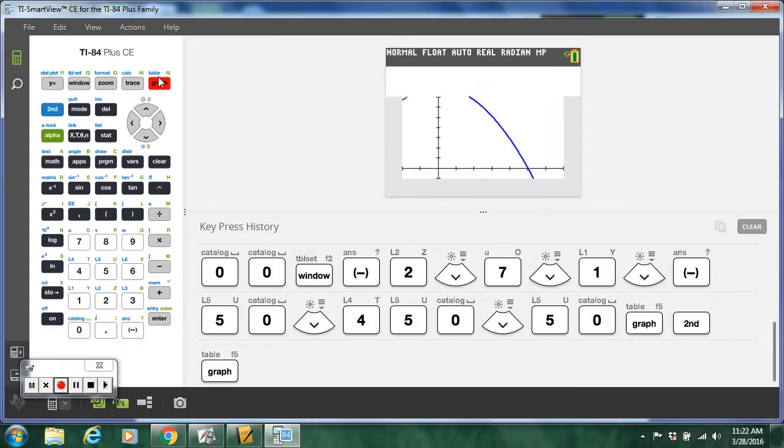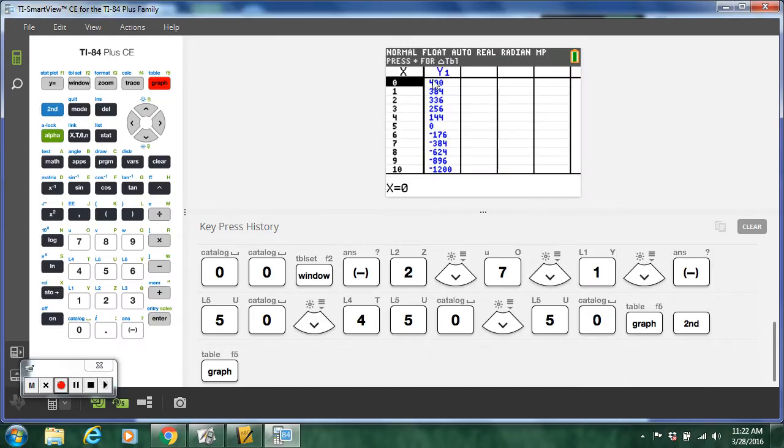So second table. There's your points. Fill in your table right now. So you've got 0, 400, 1 at 384, 2 at 336, 3 at 256, 4 at 144, and all of a sudden it's 0.